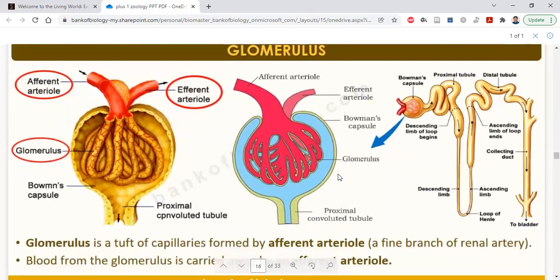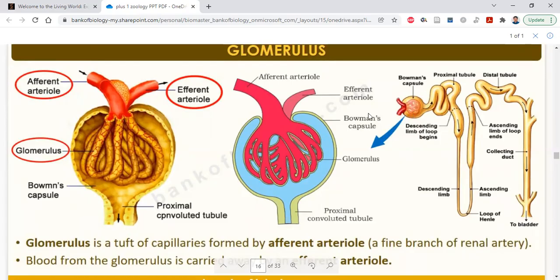So this is the glomerulus, and cortical nephrons, under normal water conditions, deal with the control of blood volume. But in juxtamedullary nephrons, in case of deficiency of water supply, increased water retention occurs through this nephron only.